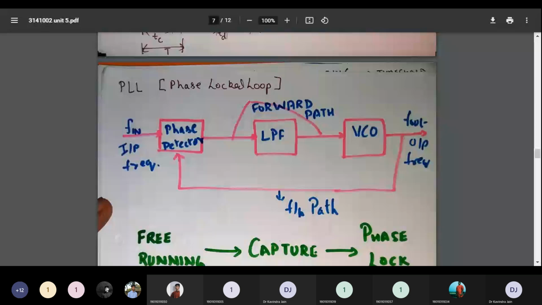So the low pass filter allows only lower frequency variables to pass through it. The higher frequency variables, that is higher frequency noise, are removed by this block. It produces a DC level output.